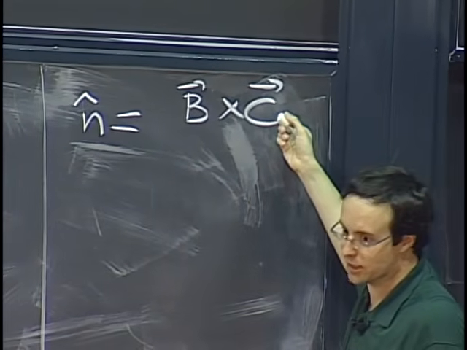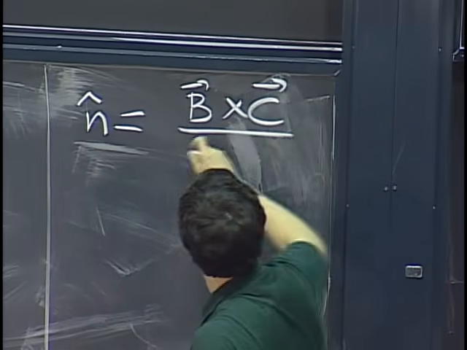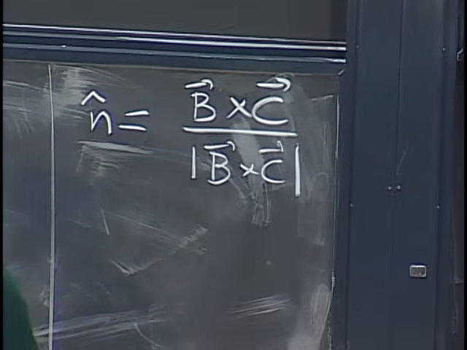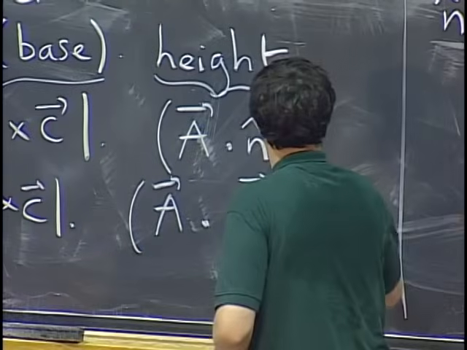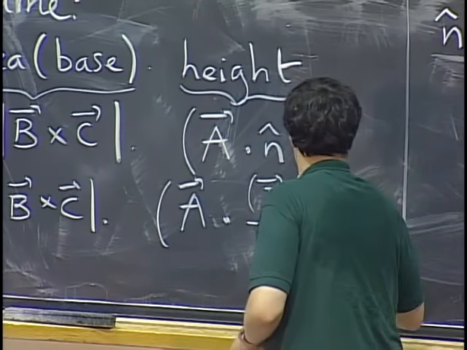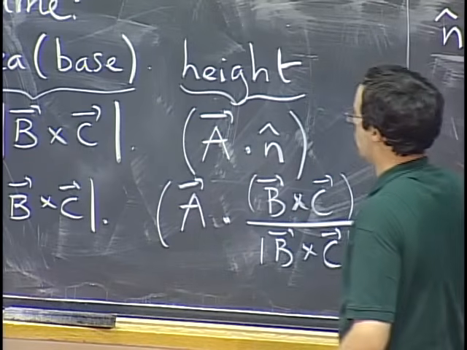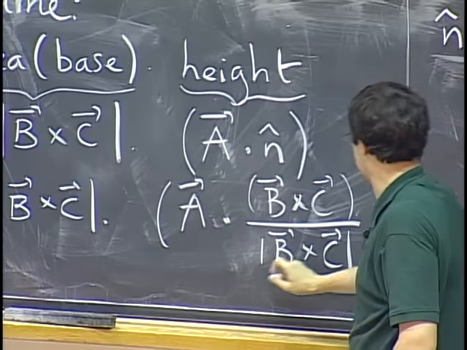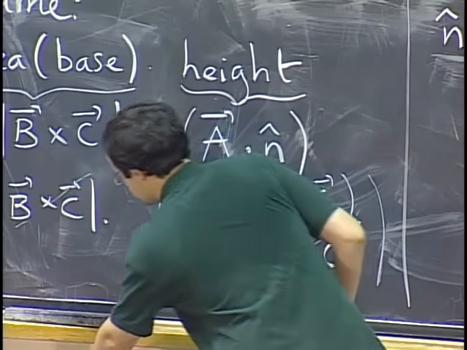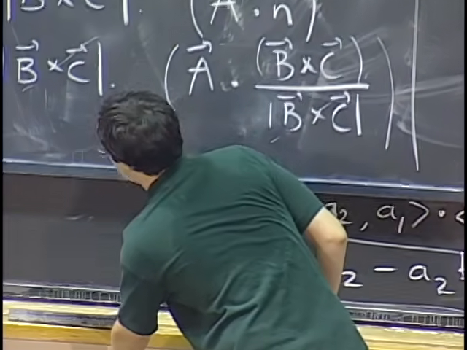How do I get a unit vector? I divide by the length. So I take B cross C, and I divide by the length of B cross C. Well, now I can probably simplify between these two.